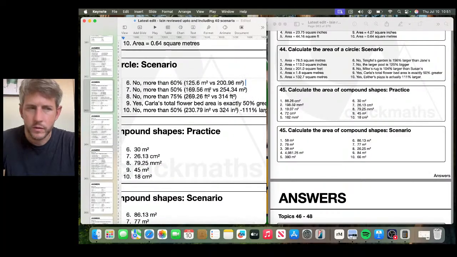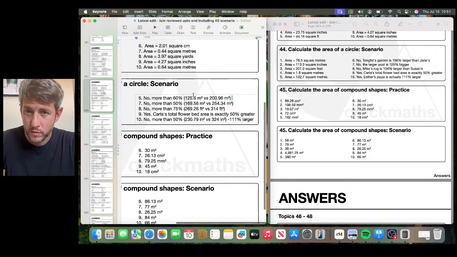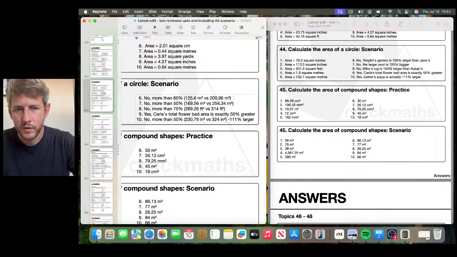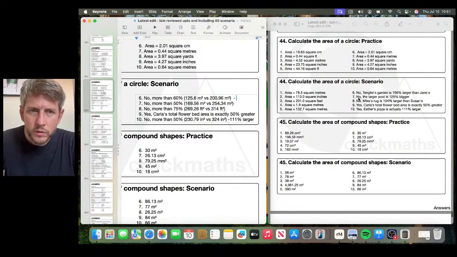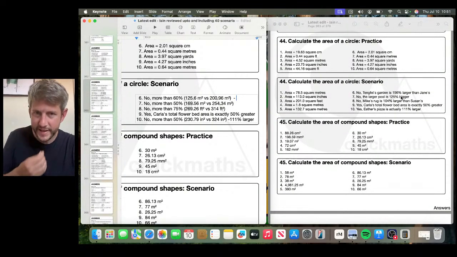Right, so the answers said this first one was 156% larger.